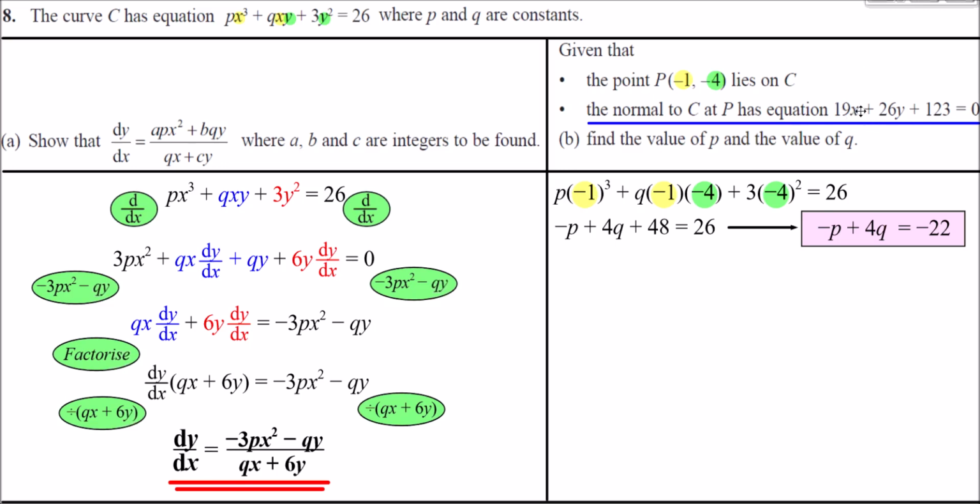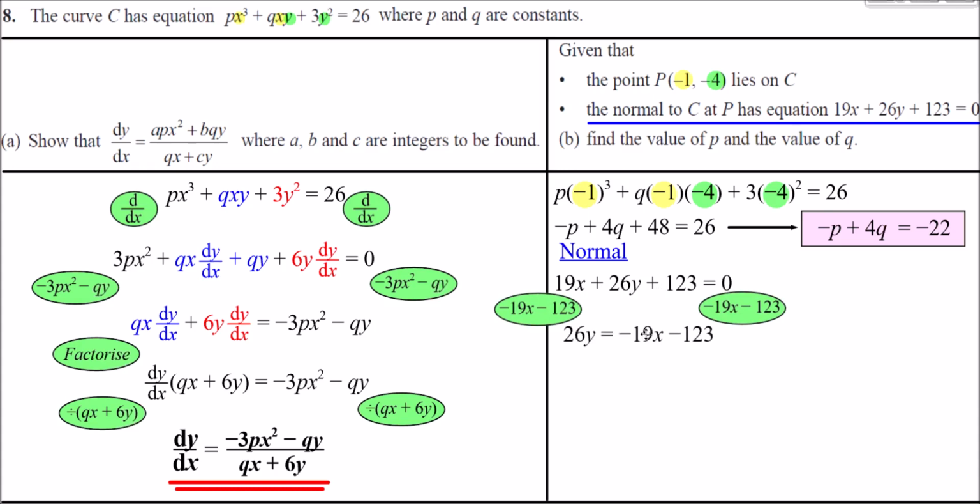So the first step, let's take this equation for the normal, and then step by step get it in the form y equals mx plus c, so we can deduce the gradient of it. So if we now subtract 19x and subtract 123 from both sides, we'll now get it into the form 26y equals minus 19x minus 123.